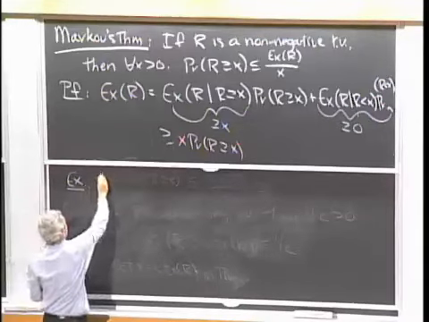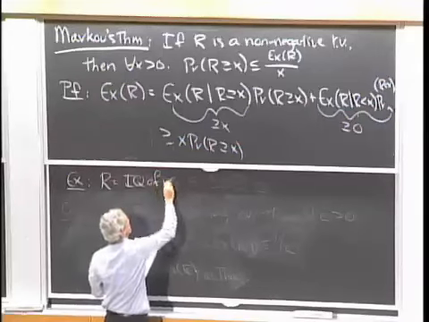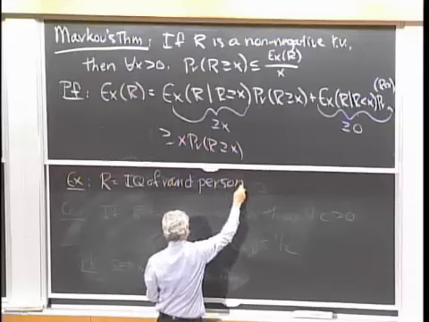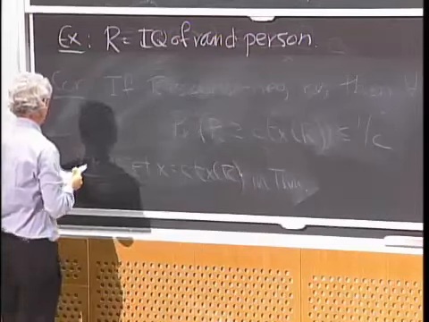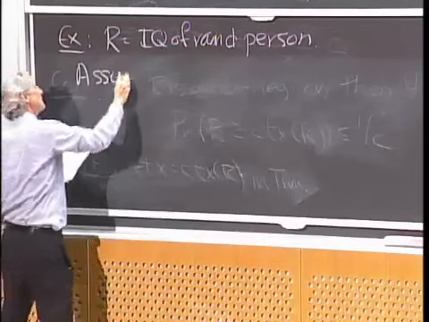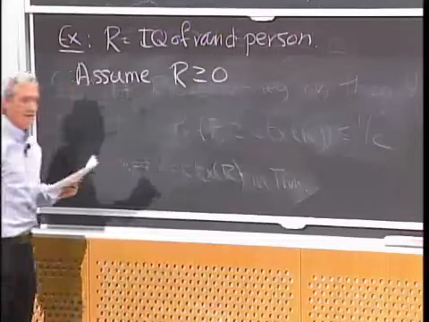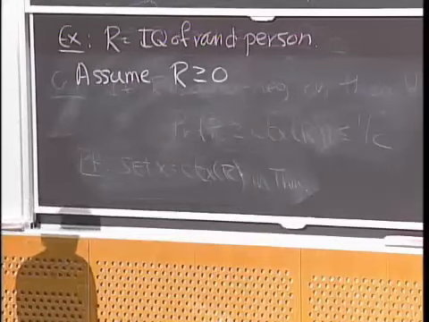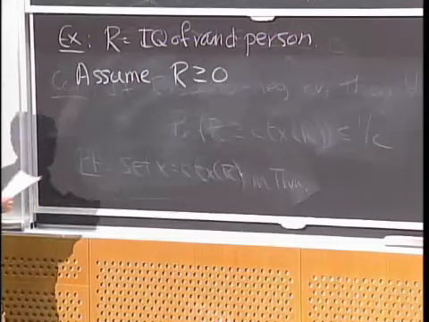In this case, we're going to let R be the IQ of a random person. We're going to assume, and this actually is the case, that R is always at least 0, despite the fact that probably most of you know somebody you think has a negative IQ. They can't be negative.